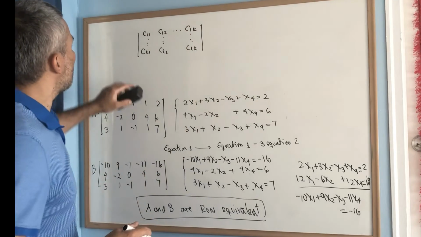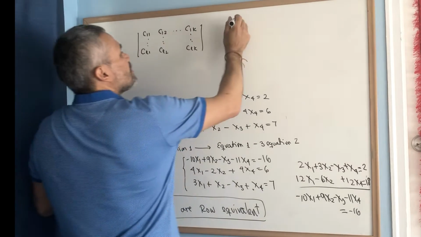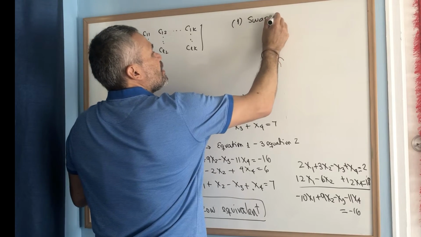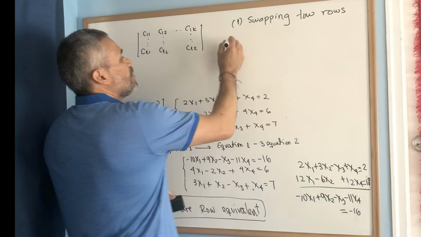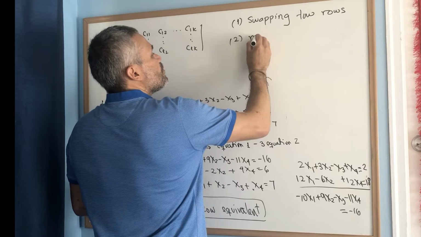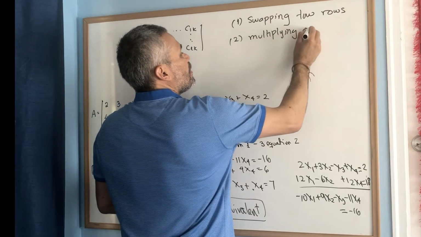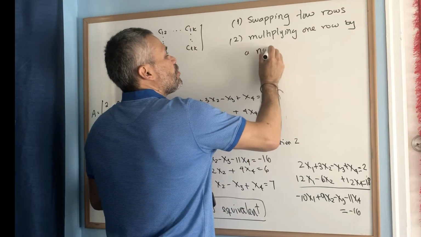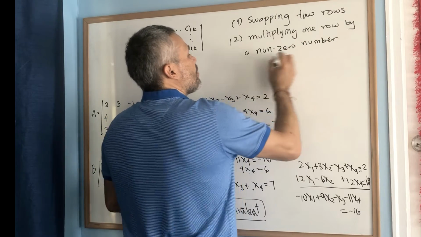Then we're going to define the operations. One, swapping two rows. Two, multiplying one row by a non-zero number.